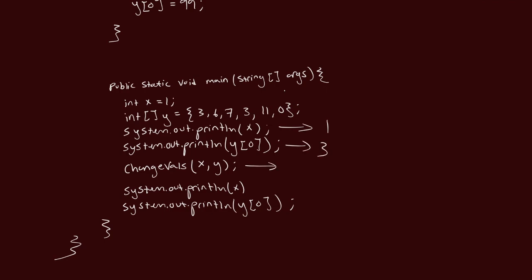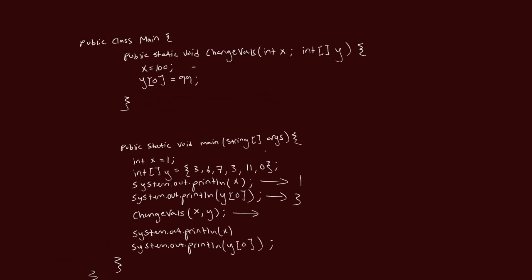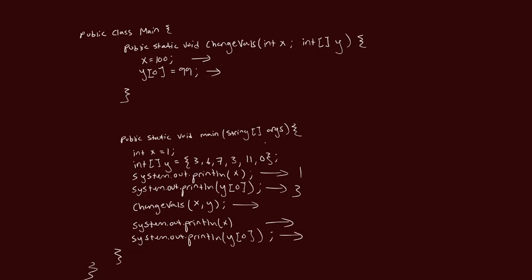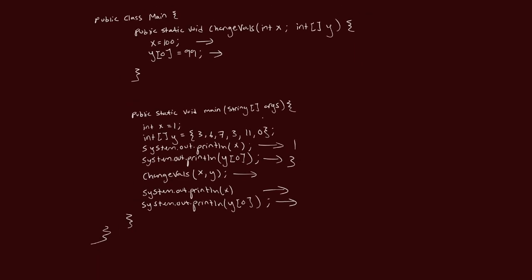Then when I call this, we set x to be 100, and we set the first index of our y array to be 99. So what's going to be showing up here? People are going to make the mistake of saying this is going to be 100, and this is going to be 99. But that's incorrect. This is still going to show 1, but this is going to show 99.